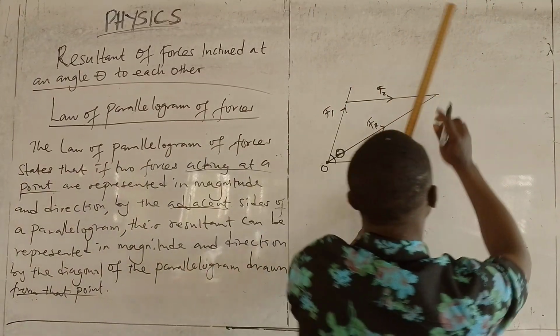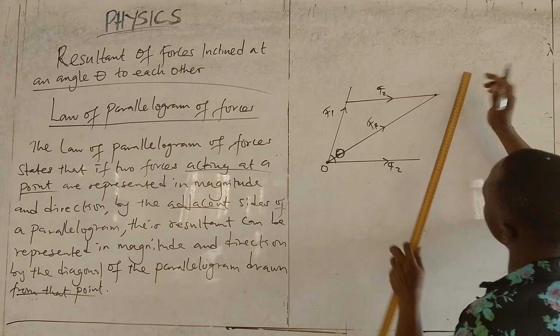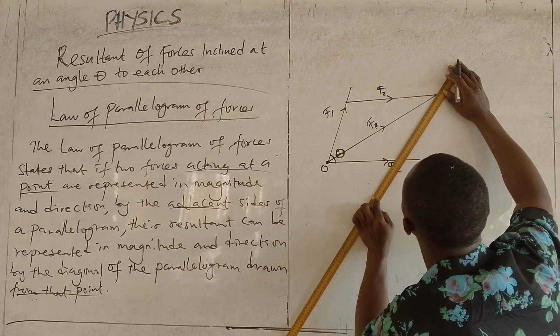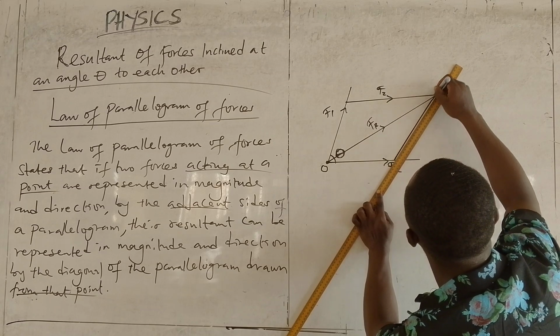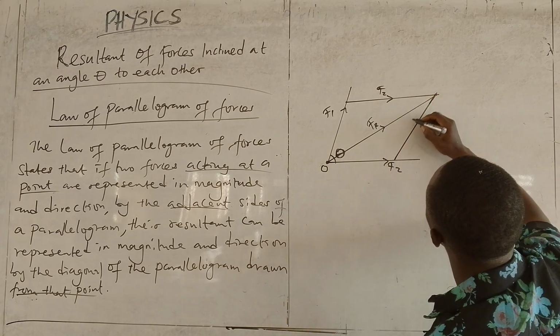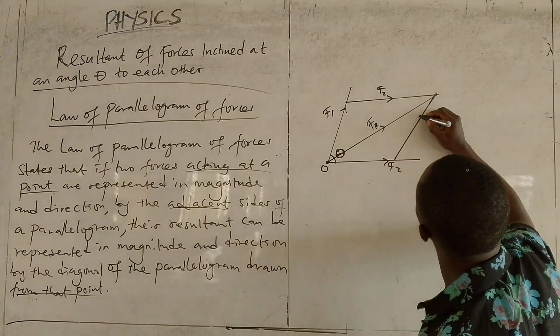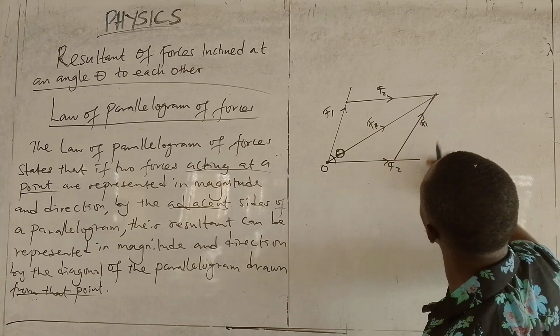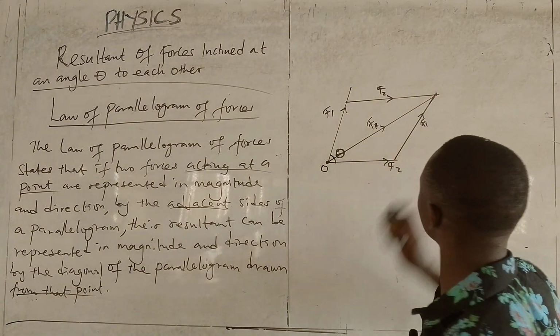So draw another parallel line from where this F2 touches the resultant. You draw another parallel line to F1. So this is the other parallel line, so that this one too is F1. F1 is acting upward, isn't it? So let this one too face up. This is F1. Okay. So you can clean here now.